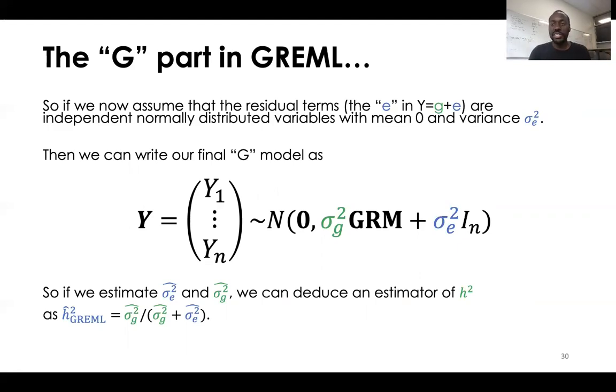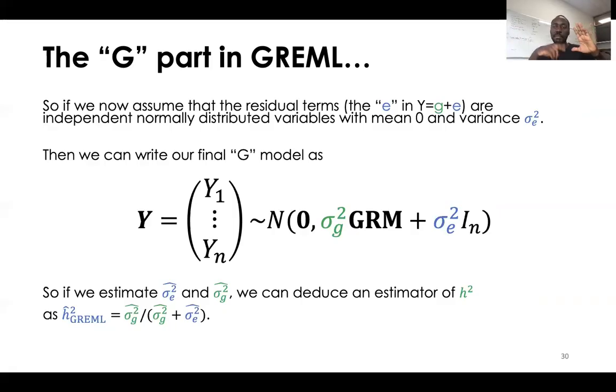It's not a big deal, because we can always subtract the sample mean from those values. And most importantly, we're saying that the variance-covariance matrix of that vector is equal to sigma squared G, the variance of the genetic values, times the GRM, plus sigma squared E times I_N, where I_N is the identity matrix.